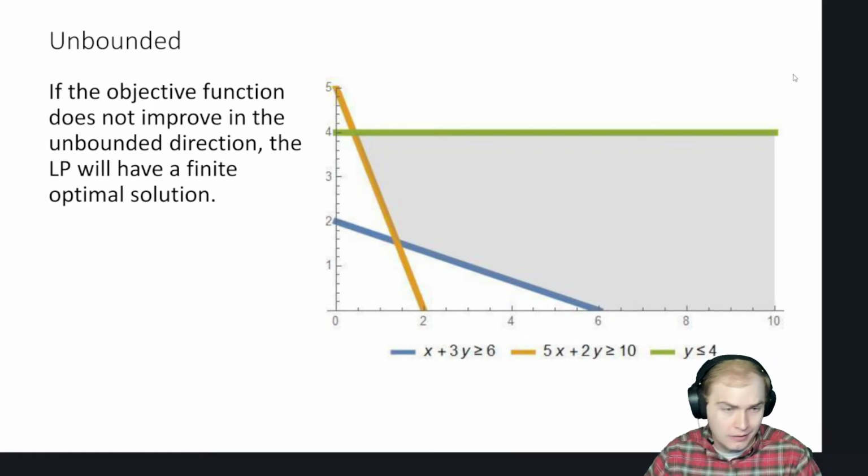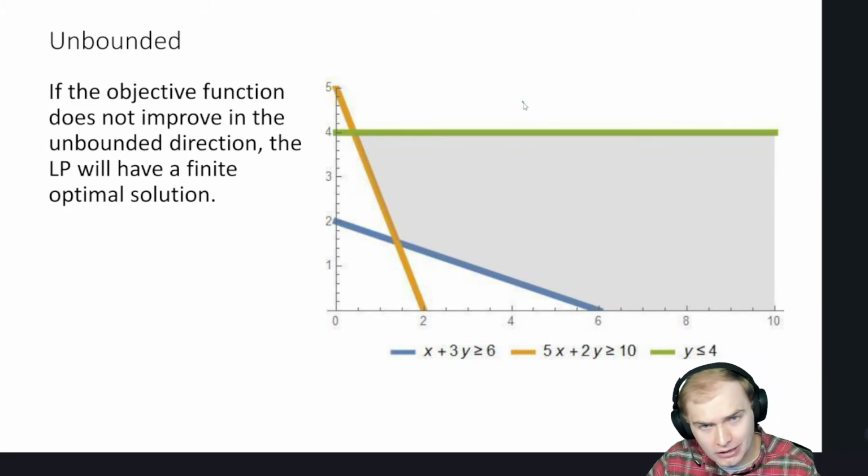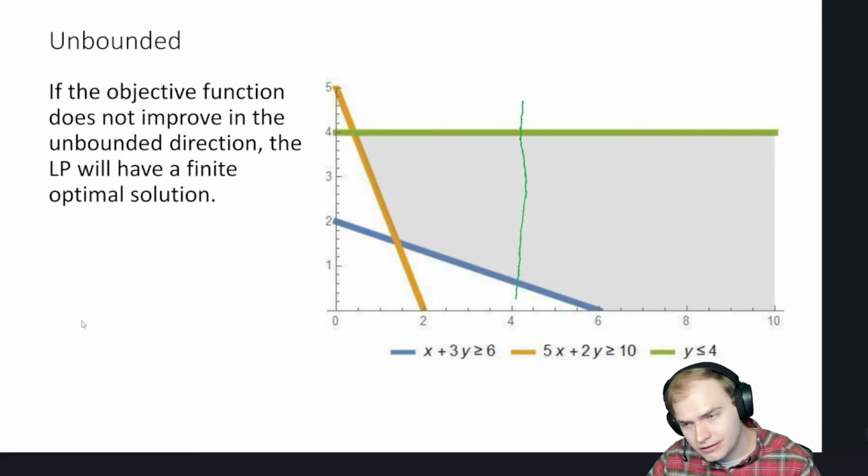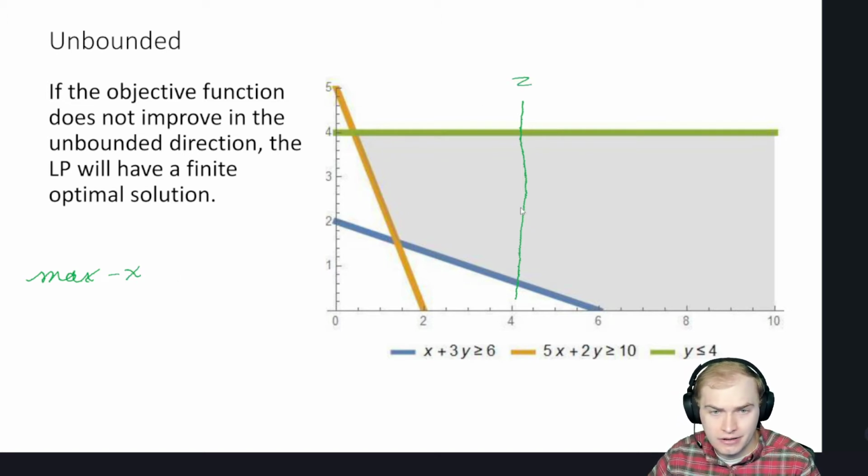But first, I want to show that just because a region is unbounded doesn't mean that the problem itself is unbounded. Let's say that we're trying to maximize negative x. Well, then our gradient points backwards.